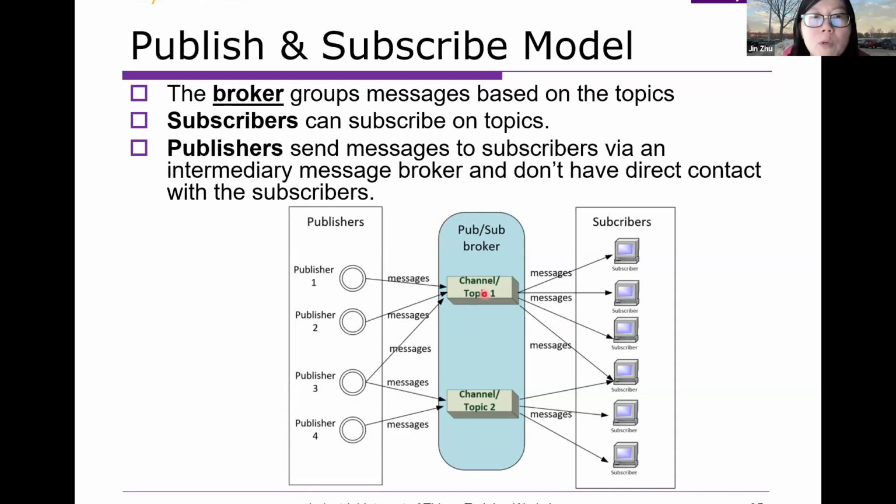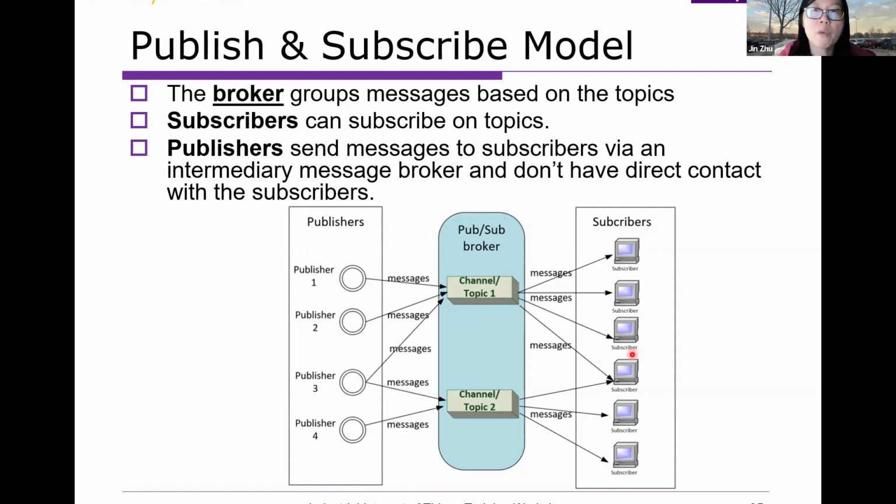For example, here I have 3 publishers publishing messages with topic 1, and 4 subscribers subscribed to topic 1. If publisher 2 sends a message on topic 1, the message is sent to those 4 subscribers. This is the typical publish and subscribe model.